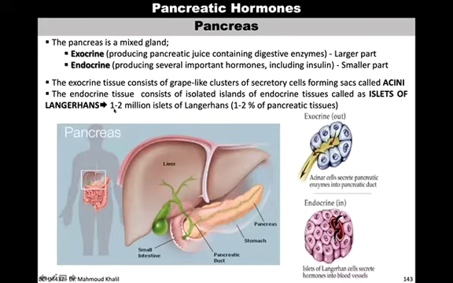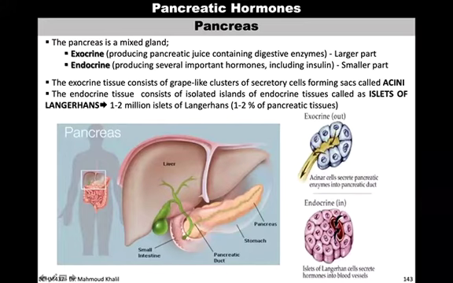Looking closely inside the exocrine tissue, it consists of grape-like clusters of secretory cells called acini, which secrete into a duct that soon unites with other ducts and pours into the duodenum. The endocrine tissue consists of isolated islands of endocrine tissue called islets of Langerhans.